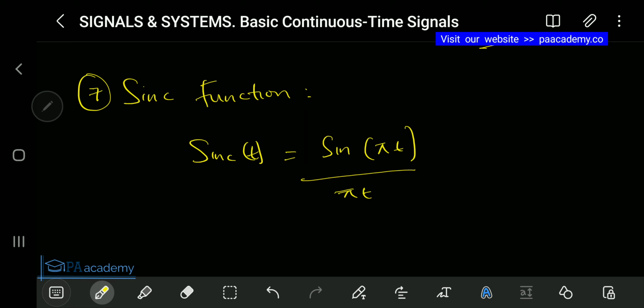All right, so is that T or tau? Okay, that should be T. All right, so this is it for Sinc function.